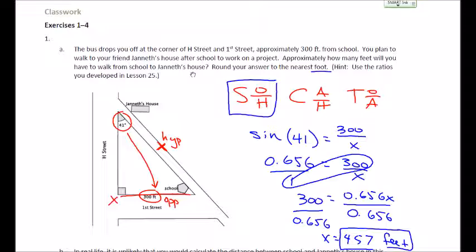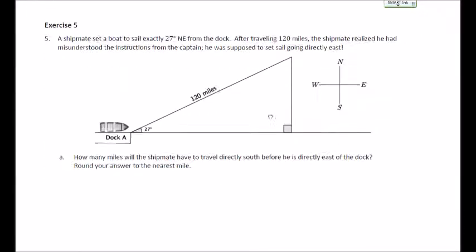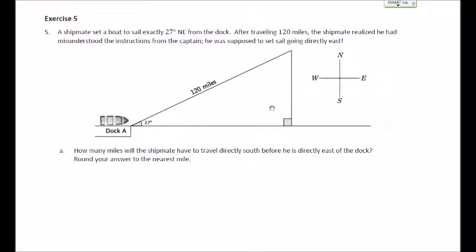Okay, let's look at another problem in this lesson. Number 5, a shipmate set a boat to sail exactly 27 degrees northeast from the dock. After traveling 120 miles, the shipmate realized that he had misunderstood the instructions from the captain.